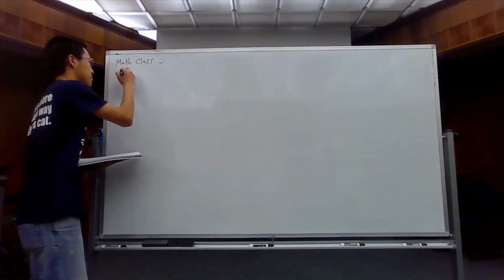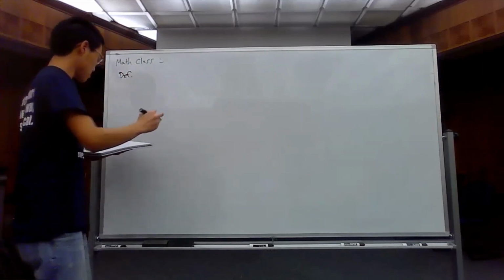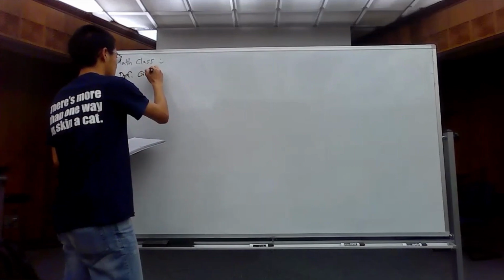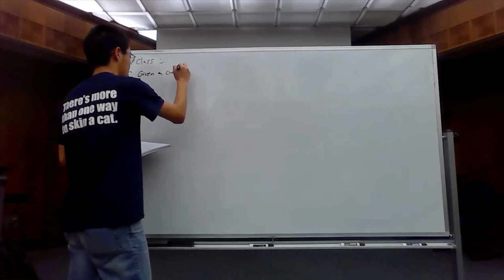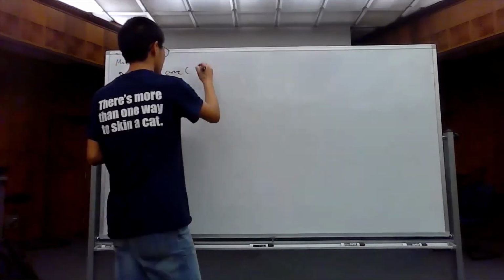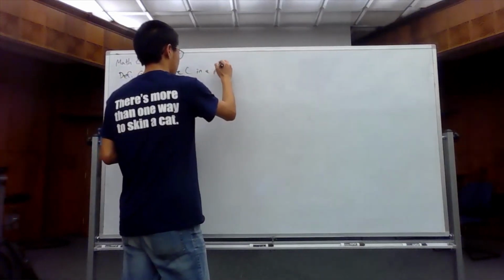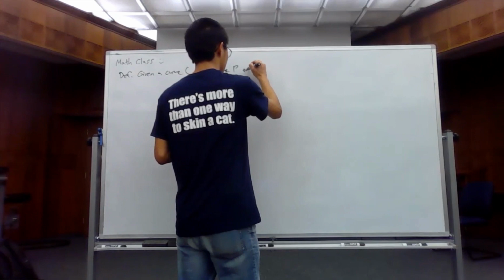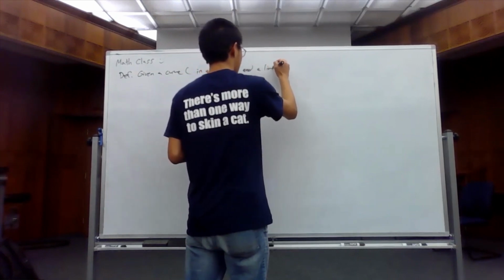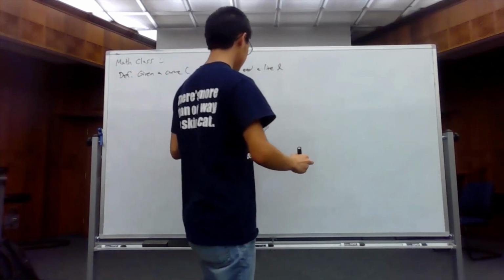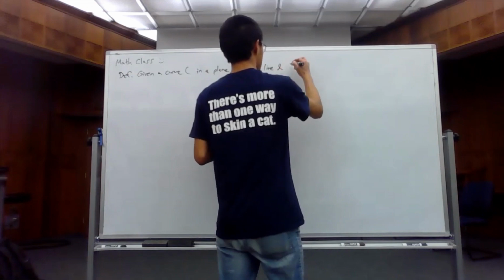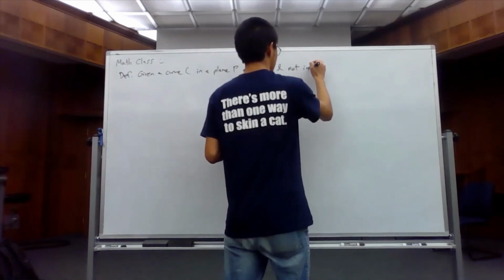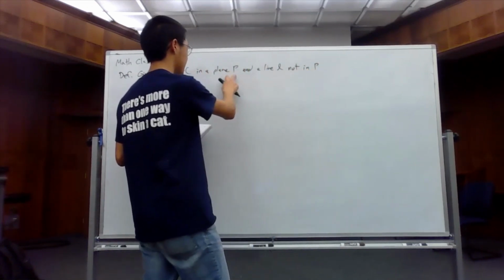Okay, definition. So given a curve, we'll call that curve C, in a plane, we'll call this plane P, and a line, call that one L. And this line we're going to specifically want not in P. In other words, we don't want it to be contained in this plane.